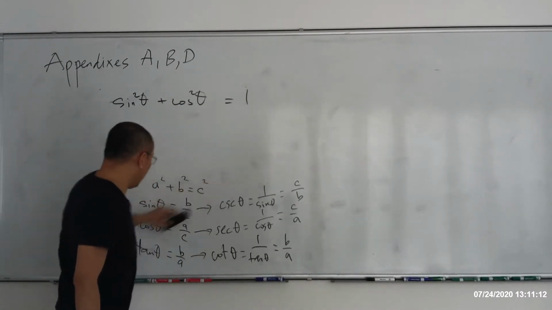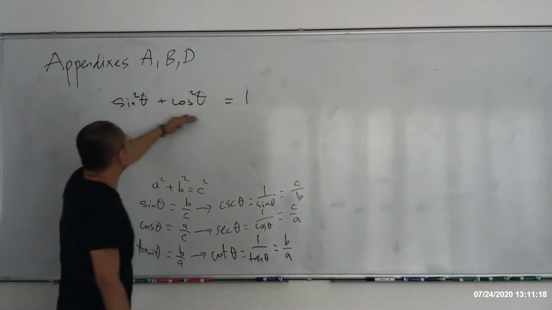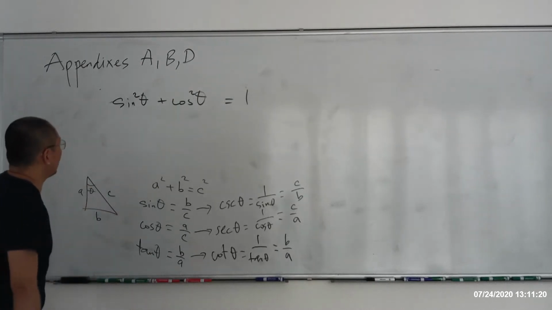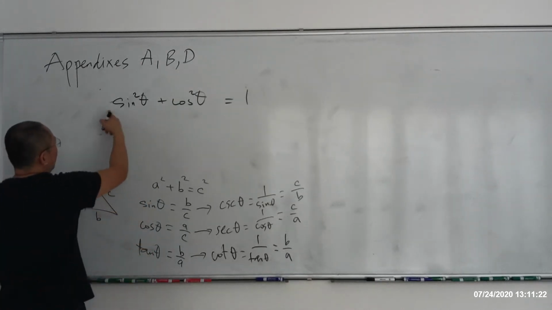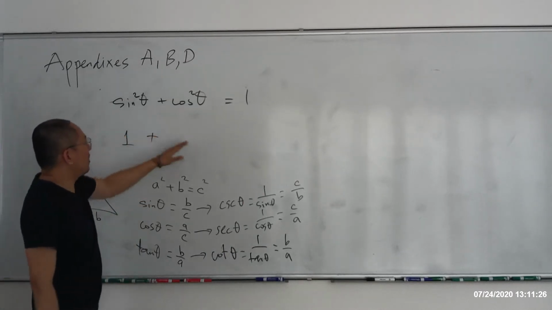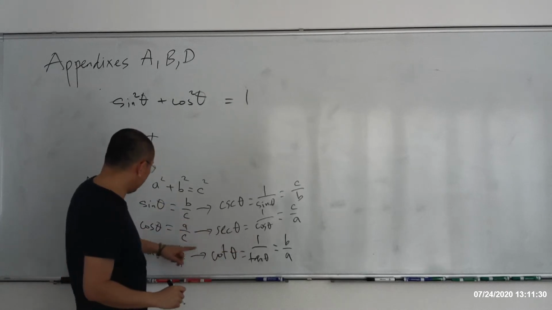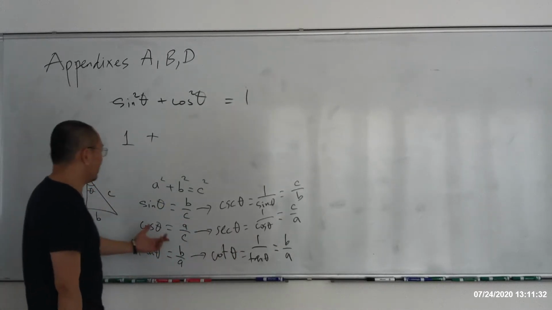And we have some modification of this Pythagorean theorem. If you divide both sides by, say, sine square, you get what? Sine square divided by sine square is 1. Cosine square divided by sine square is cosine divided by sine. Oh, I forgot to mention that.